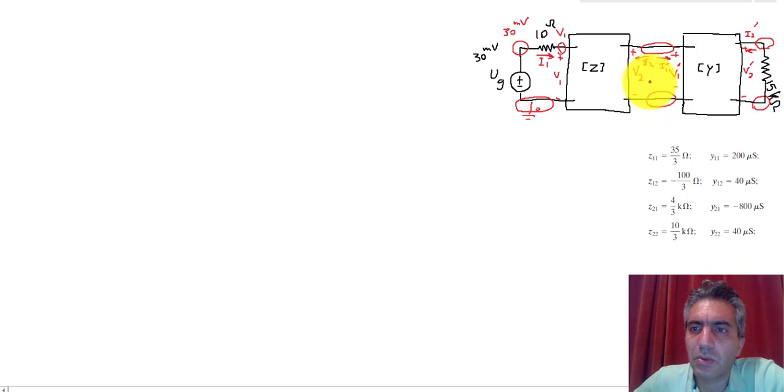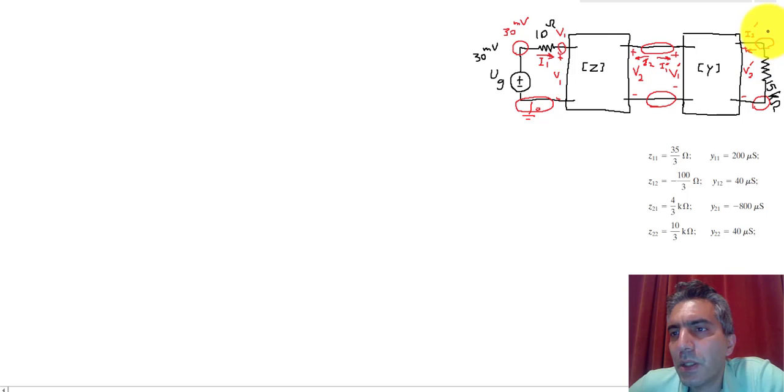I'm just going to stick to these voltages that are defined as the difference between the two potentials. Then going here, I have V2 prime positive and V2 prime negative as the two names. Now the current that is passing through this resistor is also I1 obviously, and the current that is passing through this resistor, the load resistor, is I2 prime.